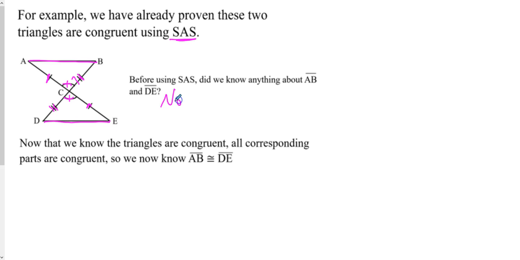No, we didn't. They didn't tell us anything about it. But now that we know that the triangles are congruent, so I know they're the same size, they're just in different places, I now know that AB is congruent to DE, and my reason for that would be CPCTC. So it's just a way, once we've proven that the triangles are congruent, we now can say something about the parts that I didn't know anything about.